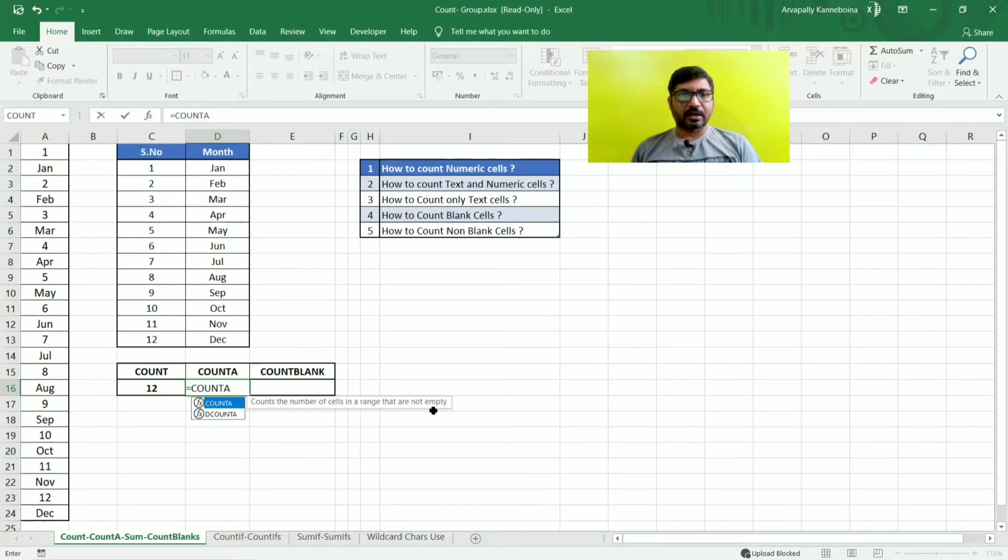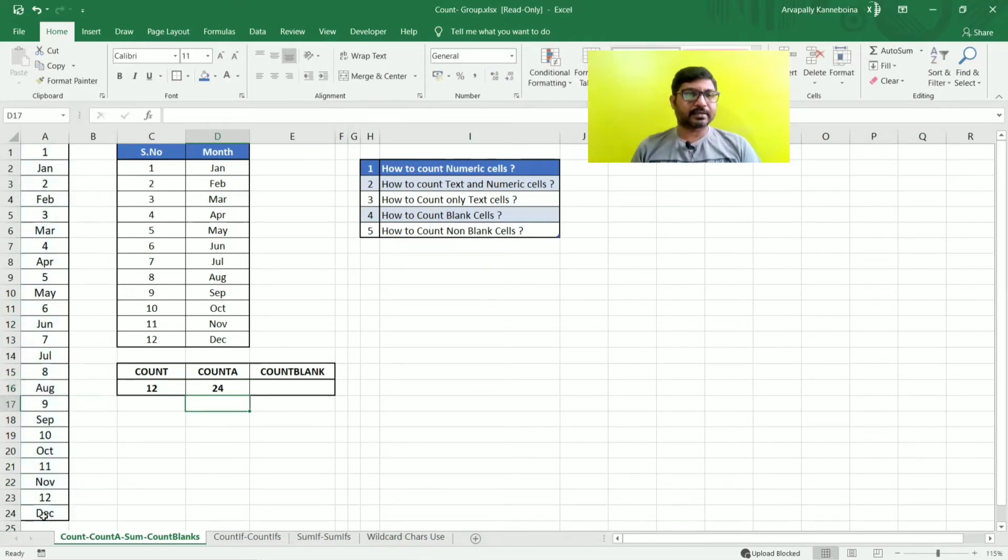COUNTA. Again, I am telling you, this counts the numbered cells and text cells both, but not blank cells. The input is the same: you select the range and enter. So we get the result 24.